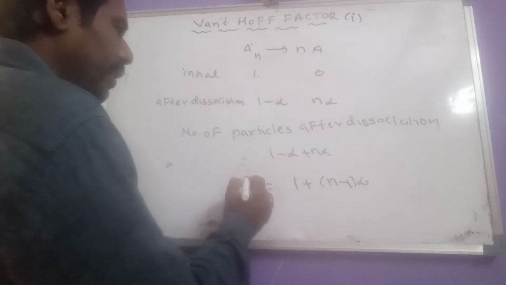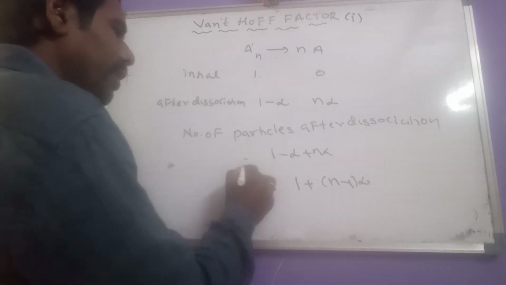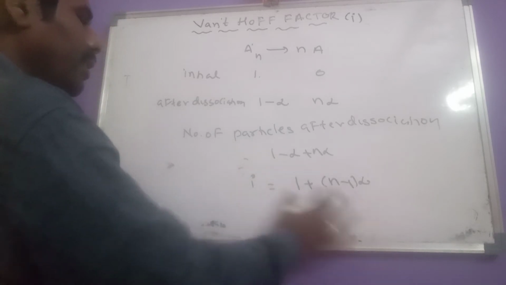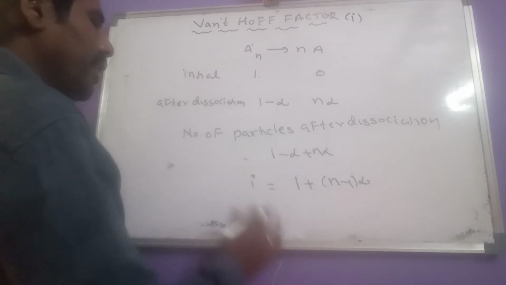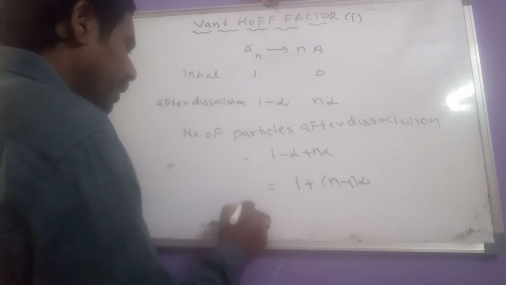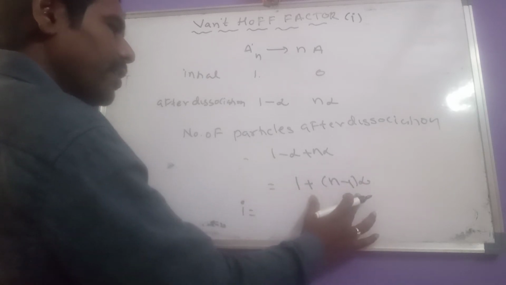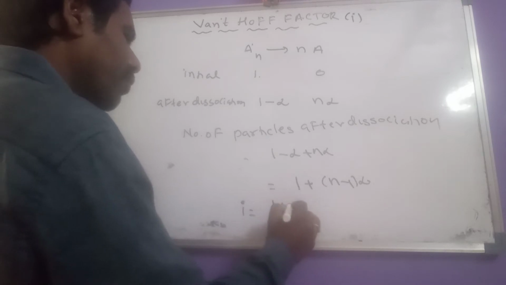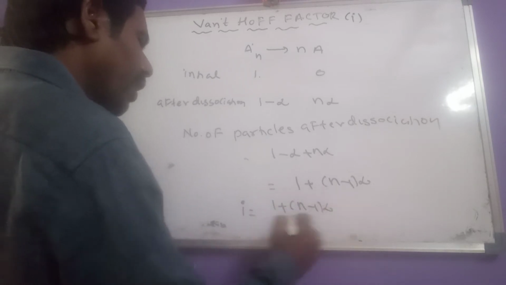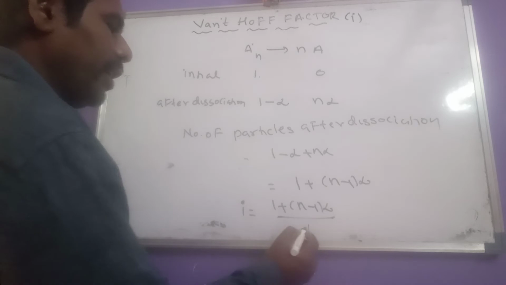And this is the equation for which one? After dissociation. But here what is the I value? I value means the number of particles after dissociation, that is 1 plus N minus 1 into alpha. Before dissociation it is 1.